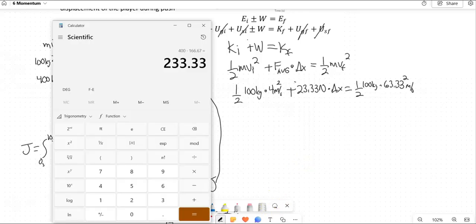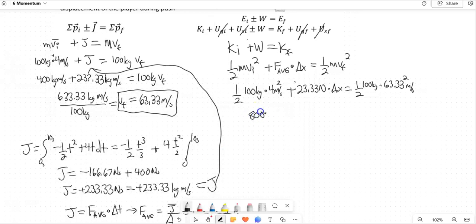Okay, so the initial energy is going to be 4 squared, which is 16, times 100 divided by 2, which is 50. So that's going to be 800. So this is just 800 joules plus 23.33 newtons times delta x.